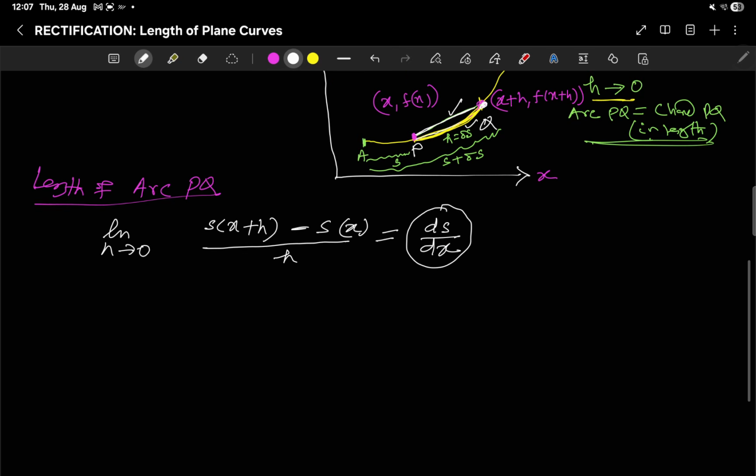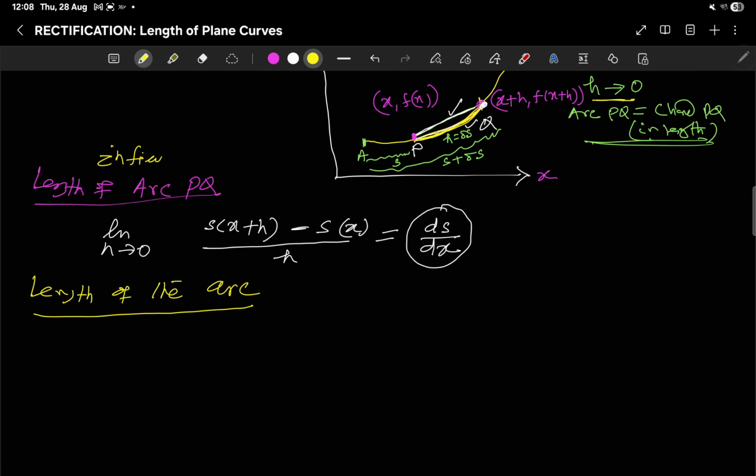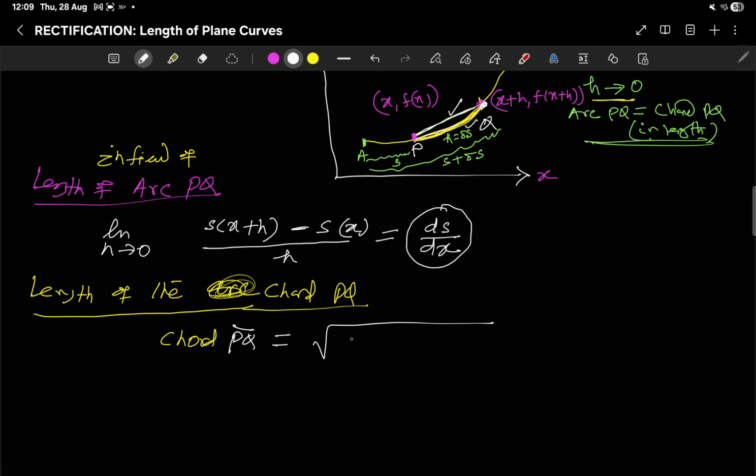So now we will see the length of the arc, in view of the length of the chord PQ. So what is the length here? By the distance formula, square root of (x plus h minus x) whole square plus (f of x plus h minus f of x) whole square, that is, (x2 minus x1) square plus (y2 minus y1) square.